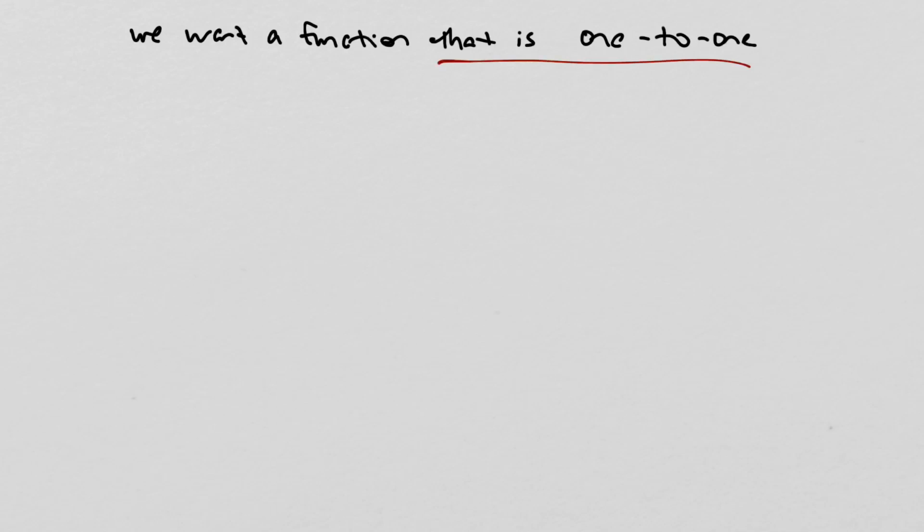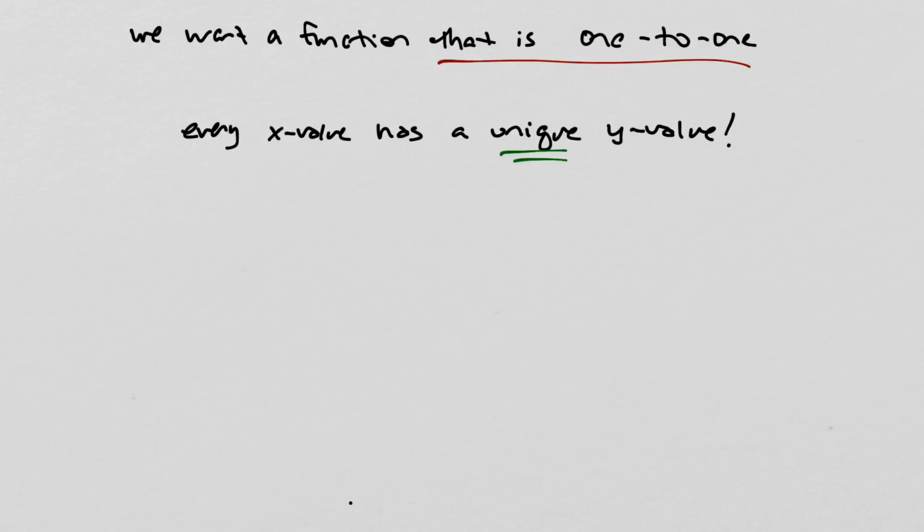What it means to be one-to-one is that every x value has a unique y value. Okay? And the key word here is unique, because if you go back to y equals x squared and made an xy chart, and you did the little picture, you would see that every domain value goes to exactly one range value, but sometimes those range values repeat.